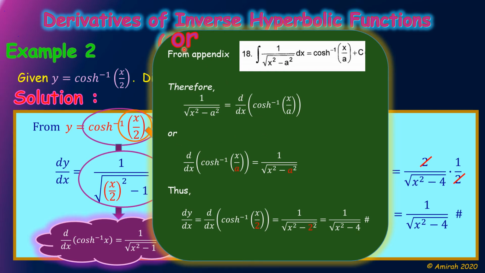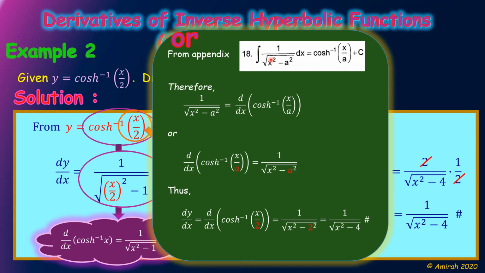Or we can use an alternative method. From the appendix, formula number 18, we have integration of 1 over square root of x squared minus a squared, which equals inverse cos x over a. When we move the integration sign to the right hand side, we have a derivative here.